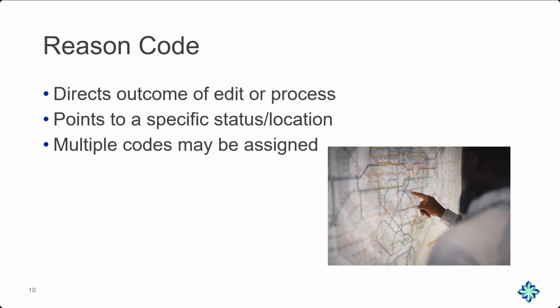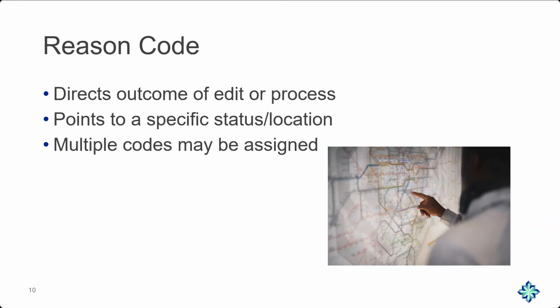Now we'll define reason code. If you attended any of our previous webinars on this subject, we talked about reason codes and their role in direct data entry. But for those of you who might be hearing this information for the first time, reason codes are used by DDE to direct the outcome of an edit or process within the system.